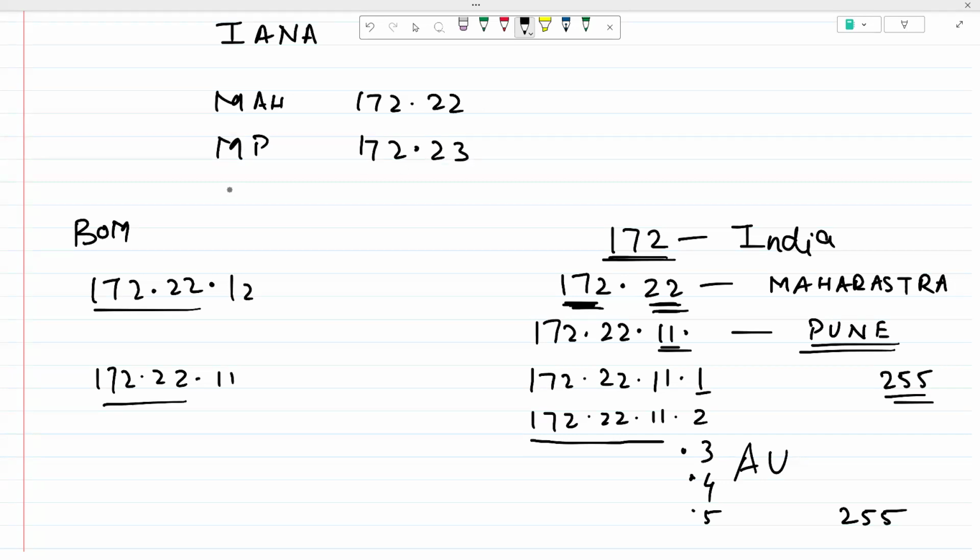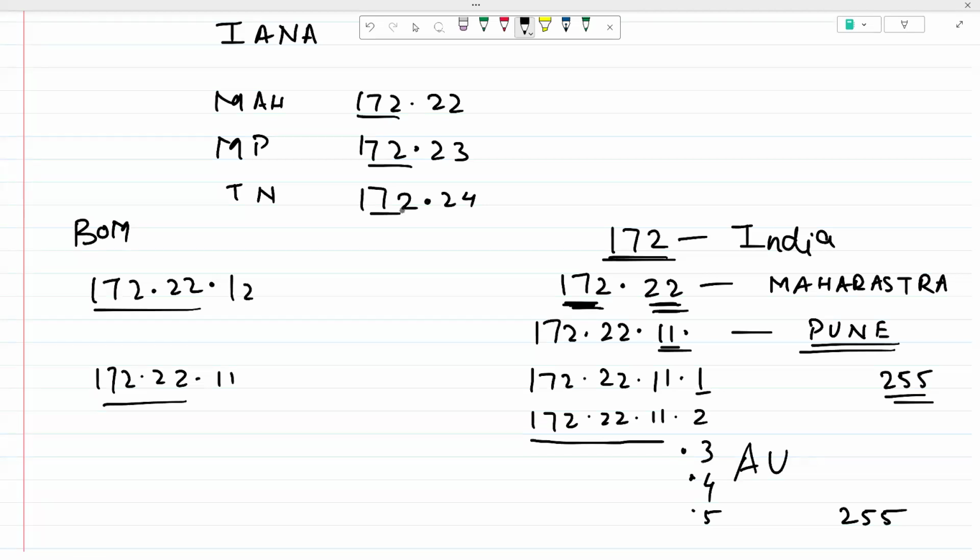For people in Tamil Nadu, they will have 172.24. So from the state perspective, their first octet is common. Are you able to visualize this pattern?